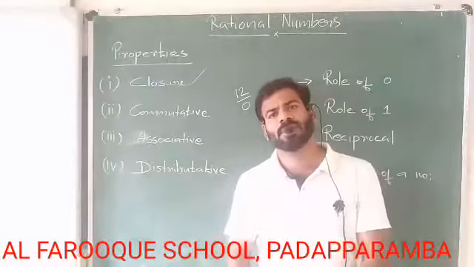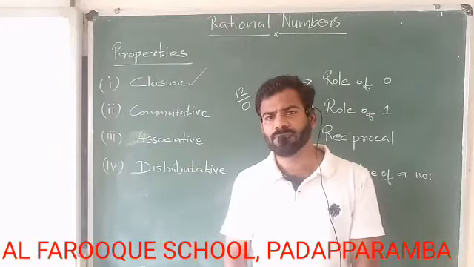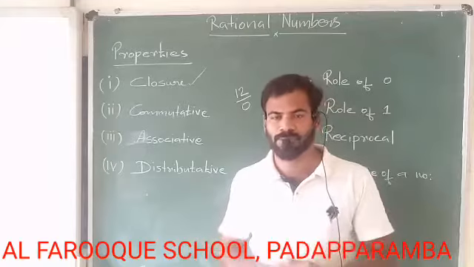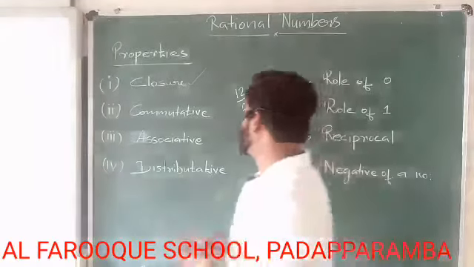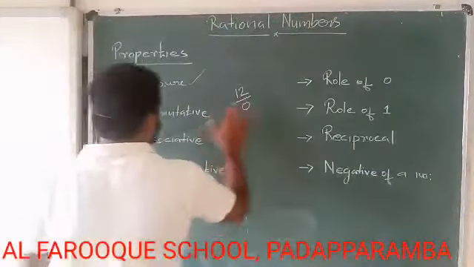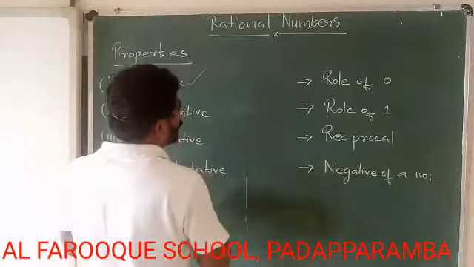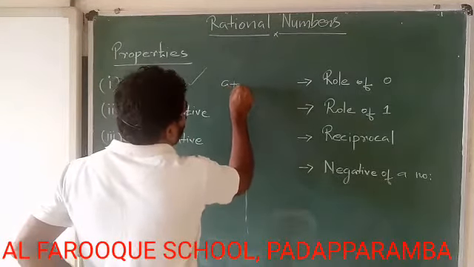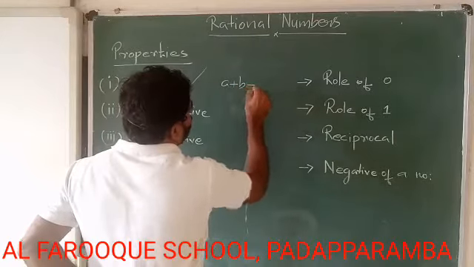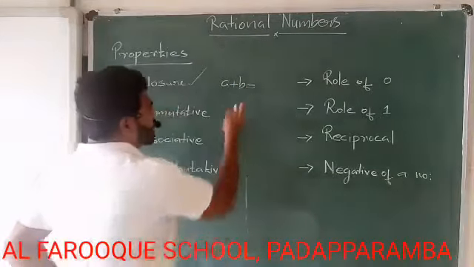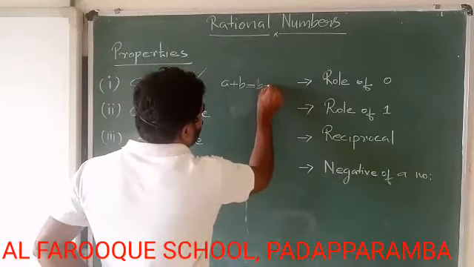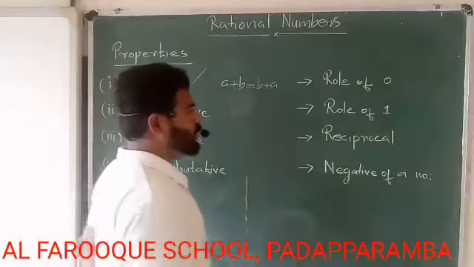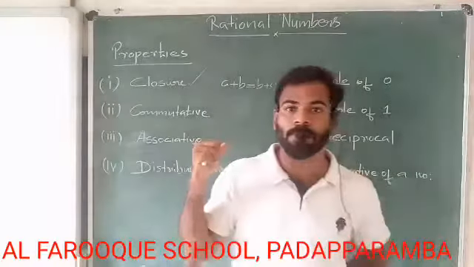What is the commutative property? For example, add two numbers. Consider two numbers, say A and B. If we add A plus B, then we add in reverse order, that is B plus A. If the two answers are the same, then we can say that they are commutative.